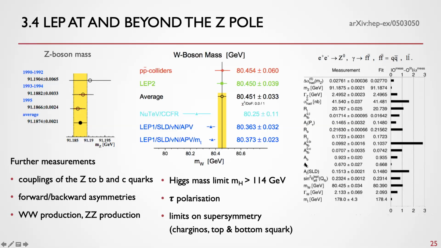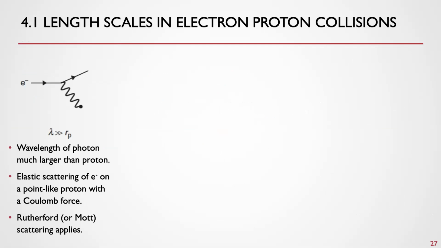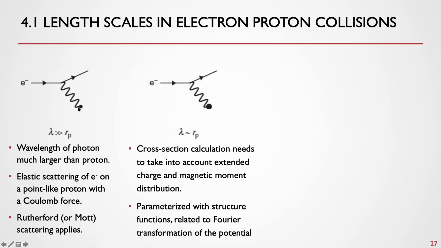Good. The first topic next time is deep inelastic scattering. We are going to discuss what happens when an electron hits a proton, first with a very long wavelength so that it sees the proton as a point particle.